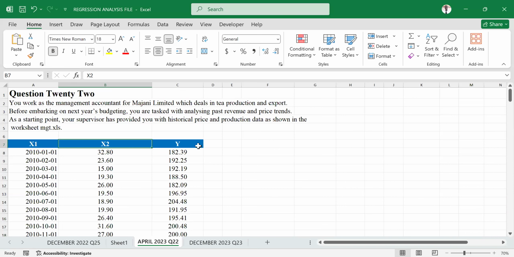Then we also renamed, I think this was price, to be Y. Once you are running your regression analysis and you include the title, make sure you mark the window to include labels on that pop-up window before you run the regression analysis. That is important because you are telling Excel that in the range of data you need to analyze and give me an output, there is a title included, right? So that it will be able to give you the correct output.